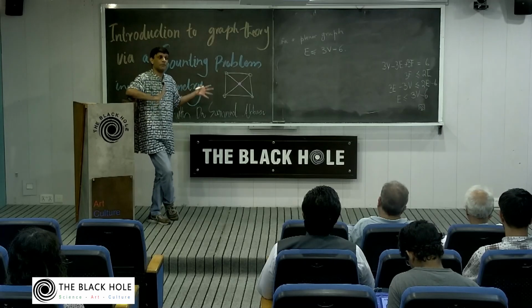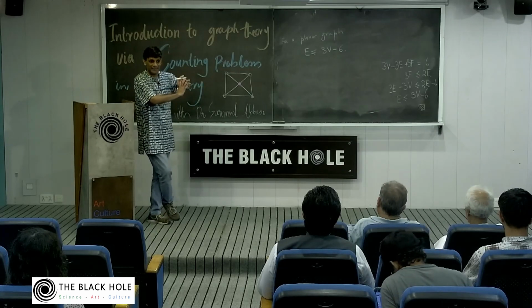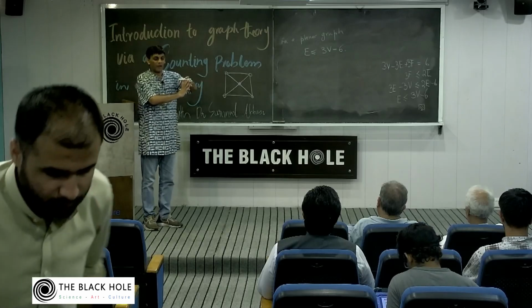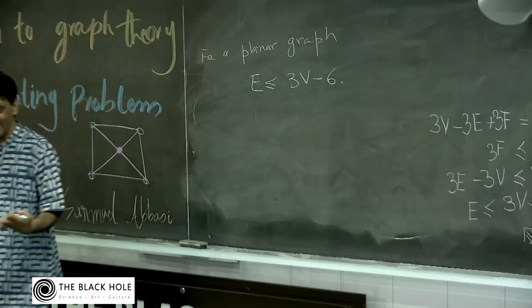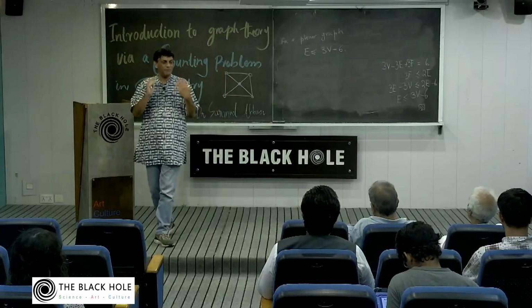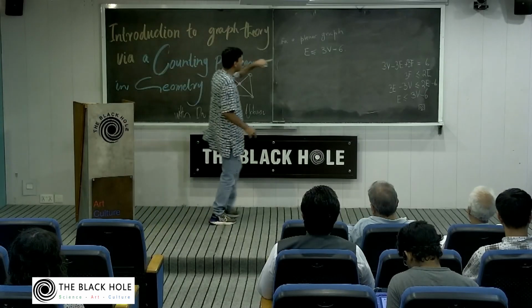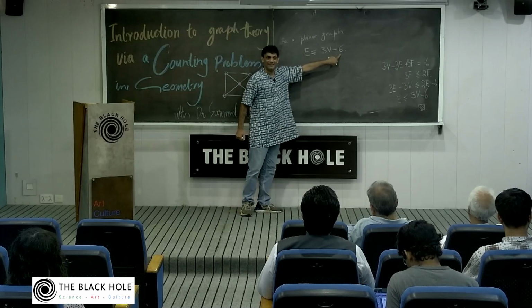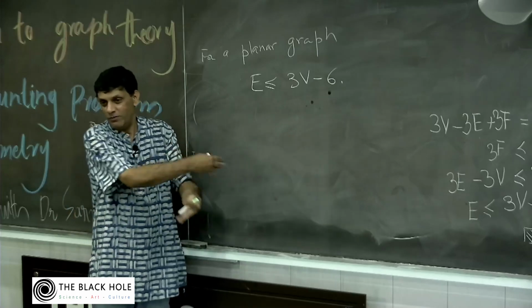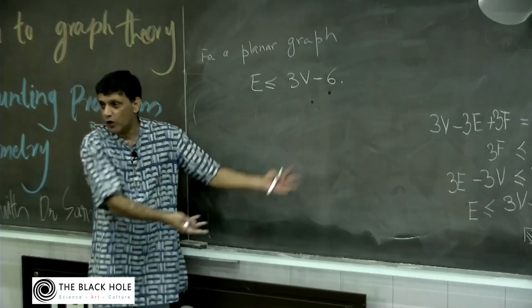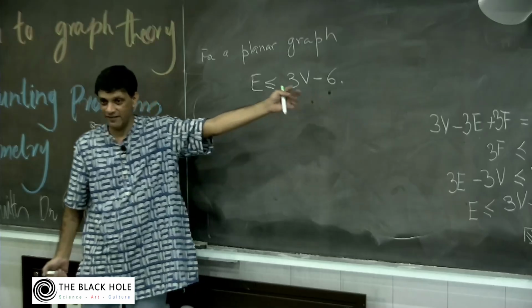Previously, we were looking at graphs which are already drawn on the plane. But a planar graph is one that can be drawn on a plane. So if a graph can be drawn on a plane, it must satisfy this inequality, because all those things were true and my whole logic goes through.